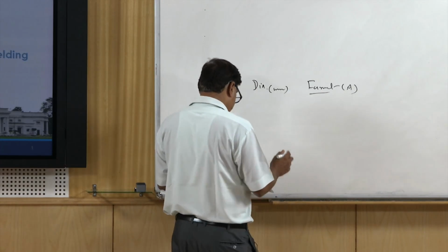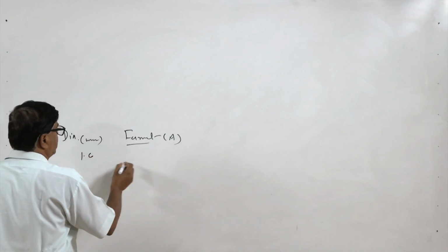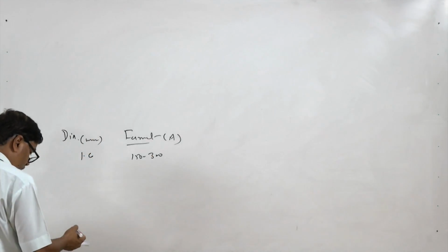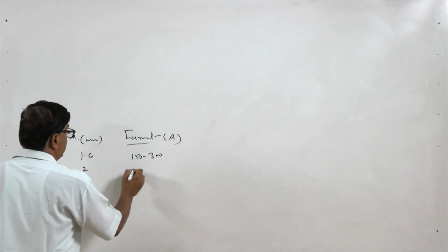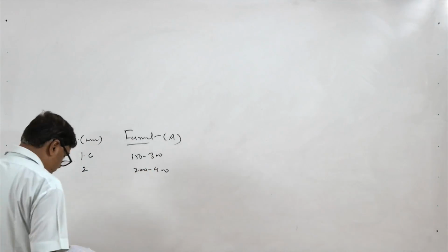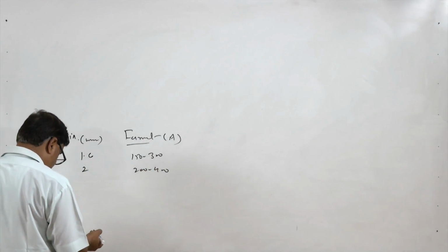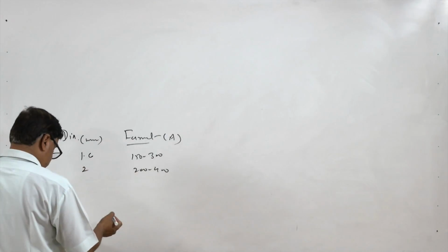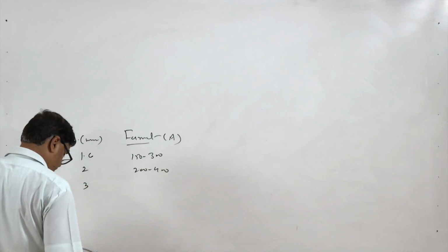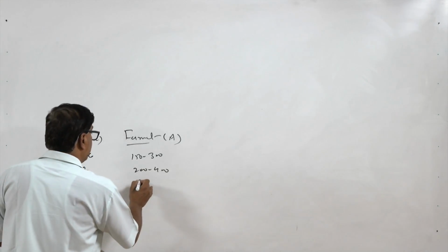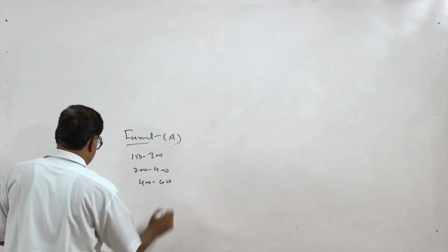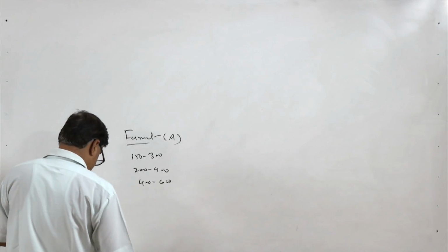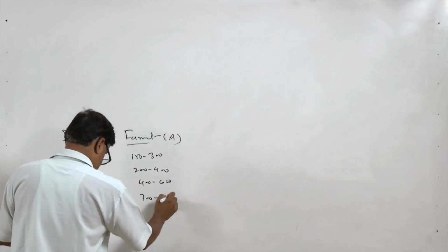See here, for the 1.6 mm diameter electrode, the current rating used is 150 to 300 ampere. For a 2 mm electrode it is 200 to 400 ampere, for a 3 mm electrode it is 400 to 600 ampere.